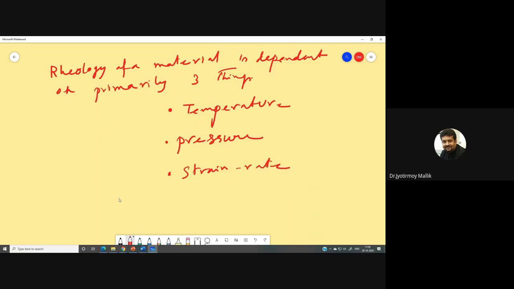So the same material would behave in a different way at room temperature and at an elevated temperature, maybe in the mantle condition.